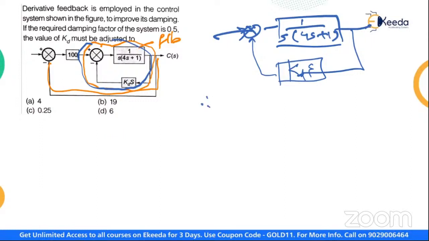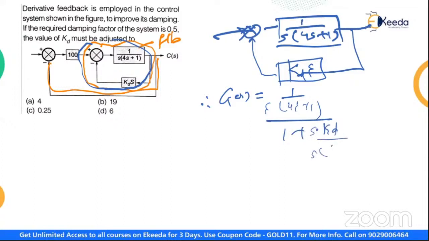Therefore, now what happens? GFS is 1 upon s into 4s plus 1, the whole upon 1 plus s into KD upon s into 4s plus 1, correct?